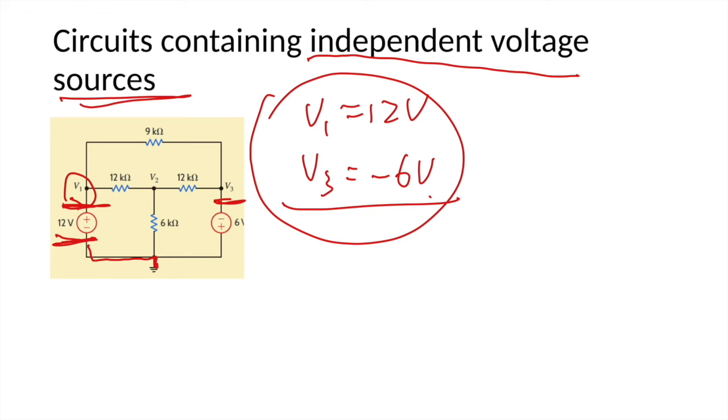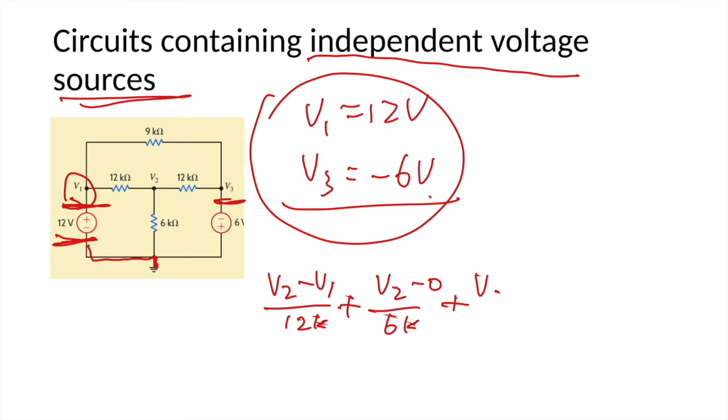So here that is (V2 minus V1) over 12k plus (V2 minus 0) over 2k plus (V2 minus V3) over 12k equals 0. And we know V1 and V3, so the only unknown variable in the equation is V2. So we can solve for V2, and then we finish the nodal analysis. We obtained the voltage on all nodes except the reference node.